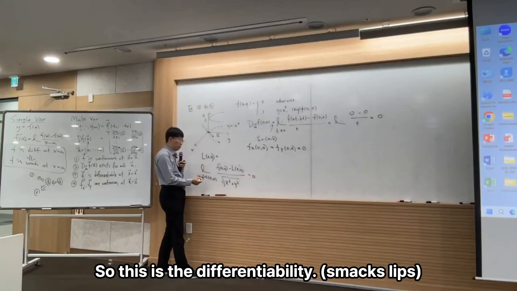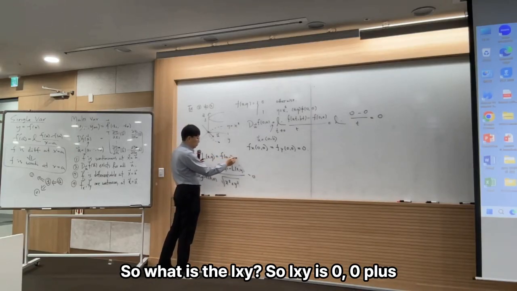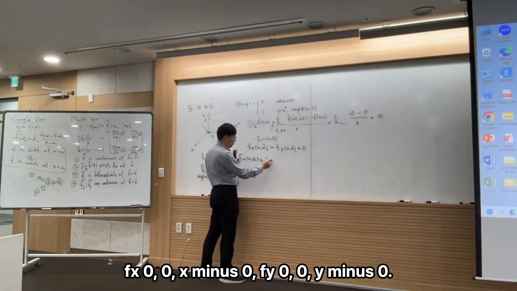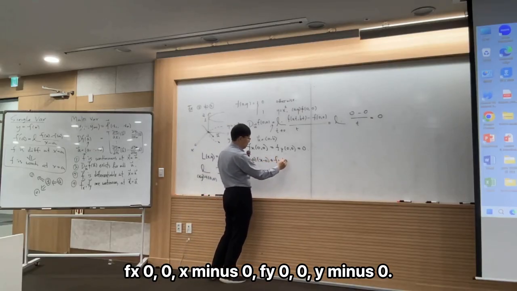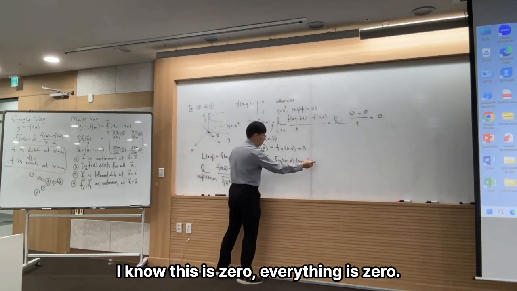So this is the differentiability. So what is L(x,y)? L(x,y) is f(0,0) plus fx(0,0)(x minus 0) plus fy(0,0)(y minus 0). I know that these two are 0. Everything is 0.